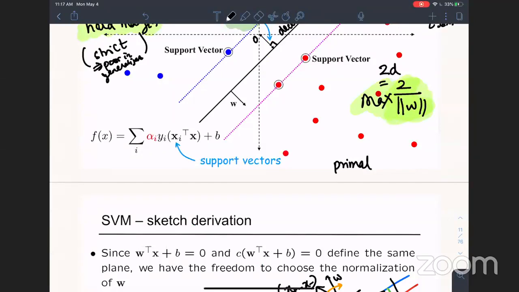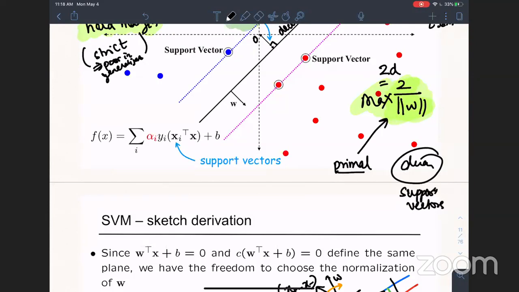Okay, now that I have uttered it, there is something called primal and dual. These are different forms of the optimization problem. This one is in terms of W, and is called the primal form. The dual form is an alternative to this primal form. But here our objective is to find those support vectors.